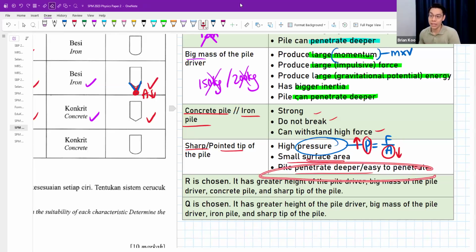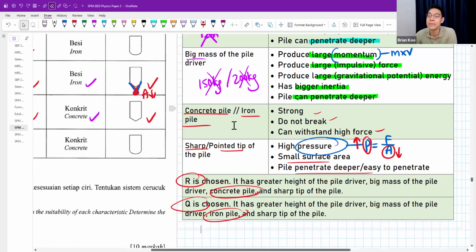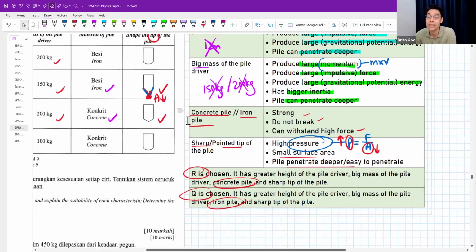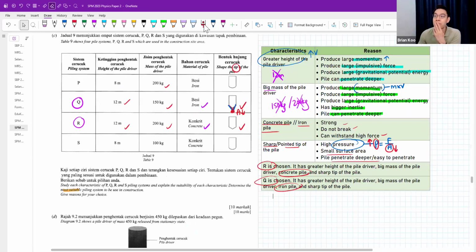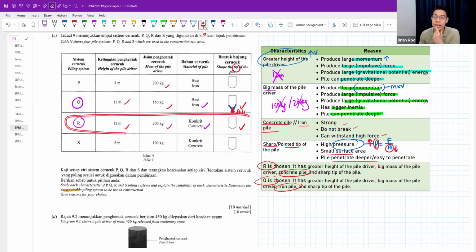So if you write R is chosen, that is because you choose a concrete pile. If you say Q is chosen, that's because you choose an iron pile. But the rest are all the same. That is how you can get your 10 marks. I feel if it was me, maybe I would choose concrete, no? Because the mass is greater, a lot greater. I'll probably choose R if it was me.